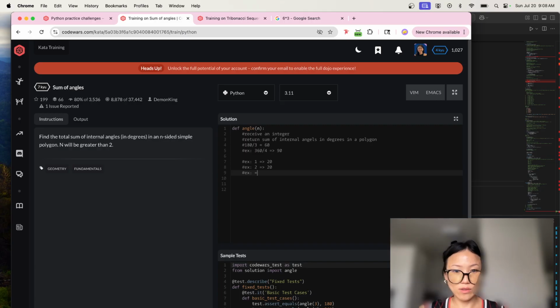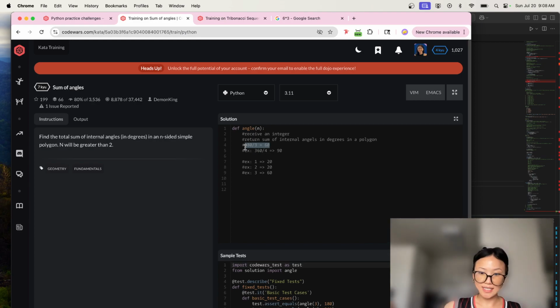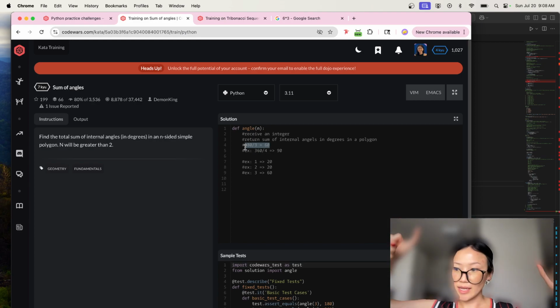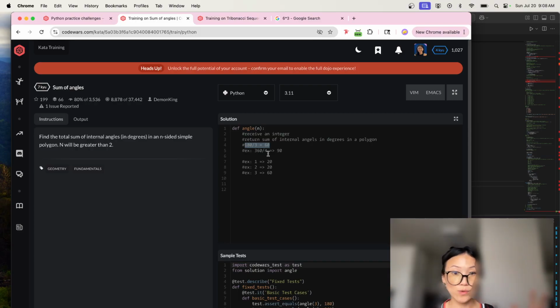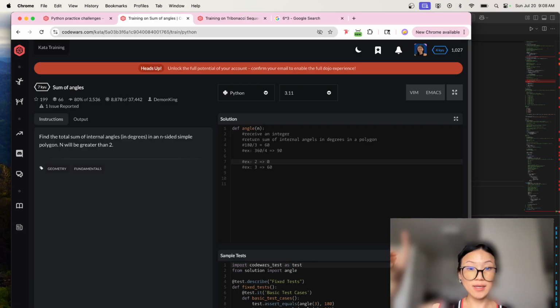And then move it to 3, 60. But it's 60, 60, 60. And then now it's 90. So 2 would have been 60, 60, 60. 180 divided by 3.